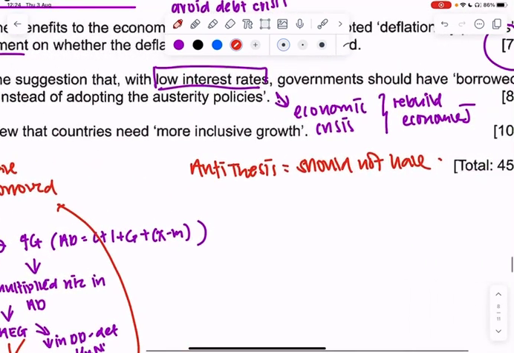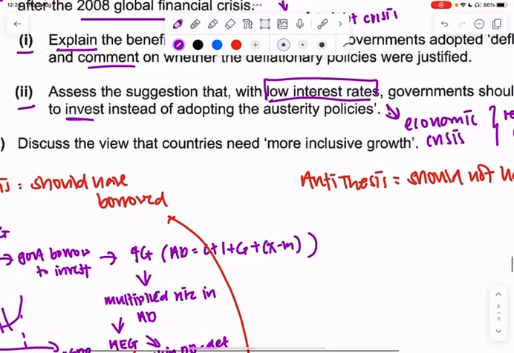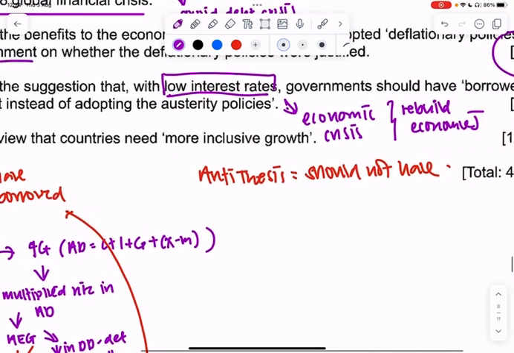However, when should a government not engage in borrowing to invest even when there are low interest rates? Let's think about it logically. No matter how high or low the interest rates are, if you are already very much in debt, it doesn't make sense for you to invest, correct?